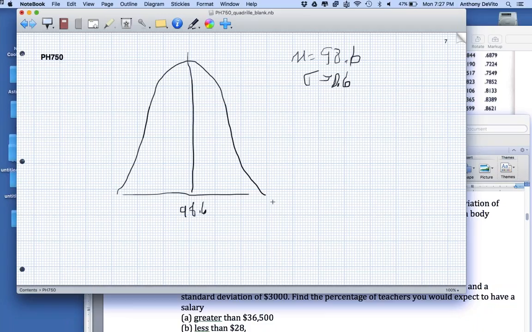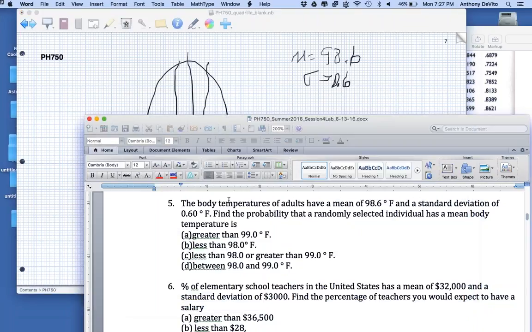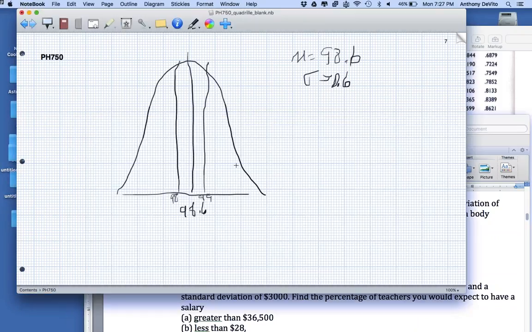So now I want to know what percentage of the population is between 98 degrees and 99 degrees. Was that actually what the question was? Yeah, okay, good. So how are we going to figure this out using the table that we have here?